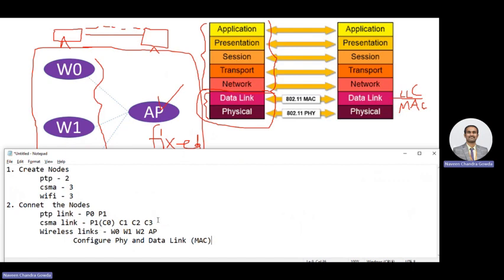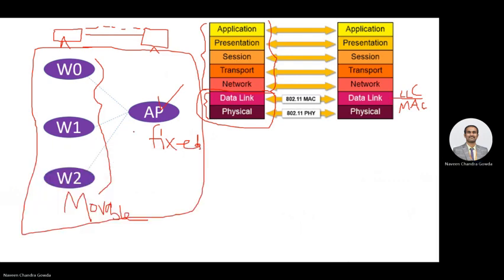You cannot create them the same way as the default case for your point-to-point link and CSMA link. After configuring the physical and data link layers, that link can be used to connect these wireless devices. Is it making sense?